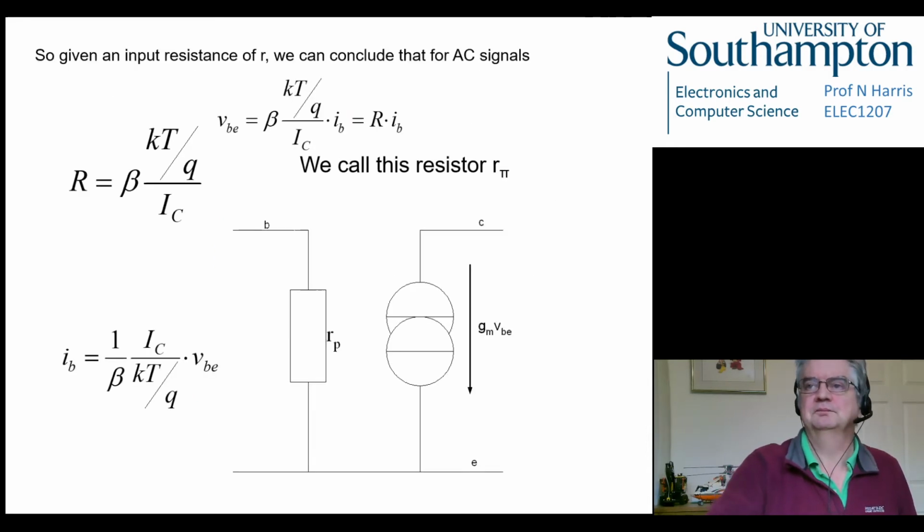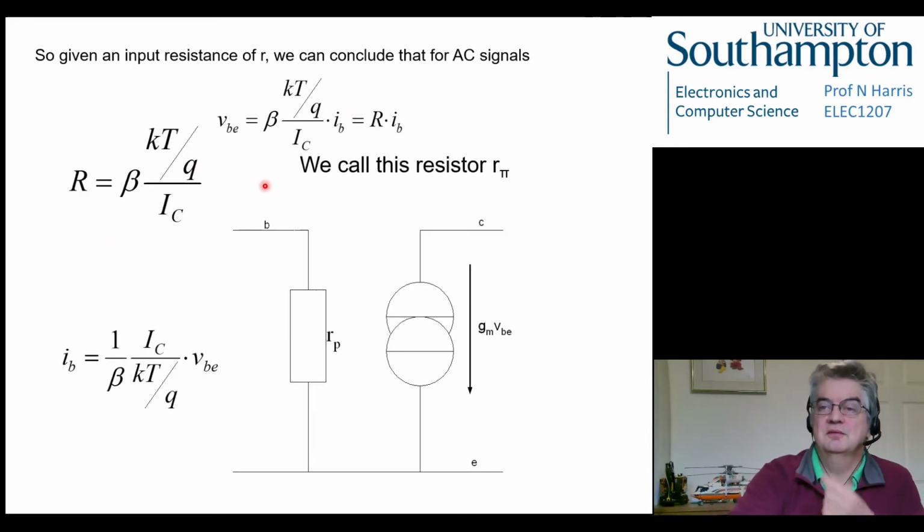So given that, we can just model the input side as this resistance R pi, which is just 1 over G pi. It's just called a resistance because we draw it as a resistance. That's the obvious way to do it.